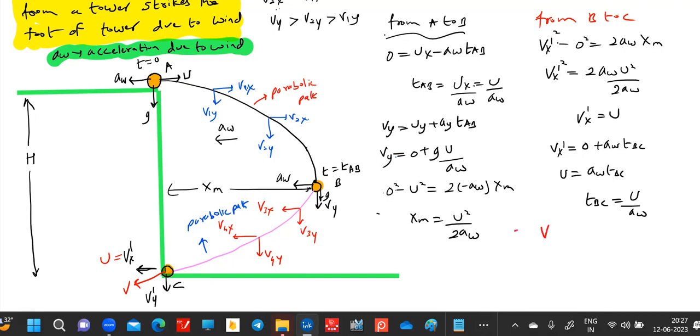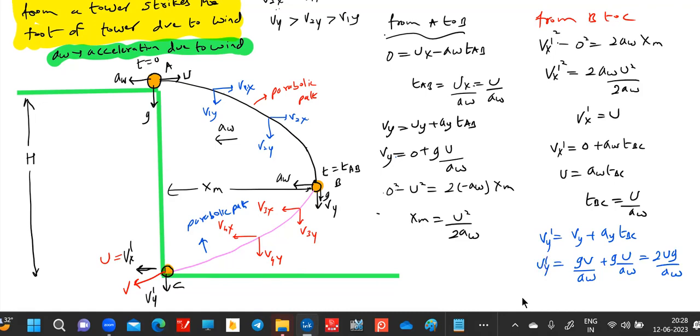Now we can calculate Vy dash. Vy dash is equal to Vy plus Ay into TBC. Vy is how much? We have calculated this: gu by AW. Ay is g, TBC is u by AW. This is equal to 2ug by AW.